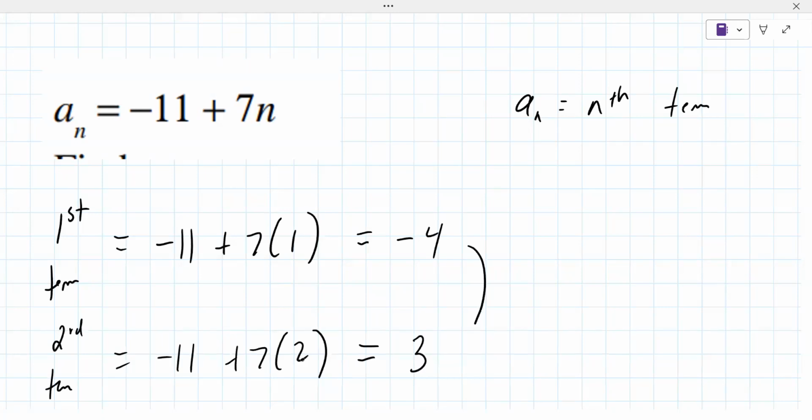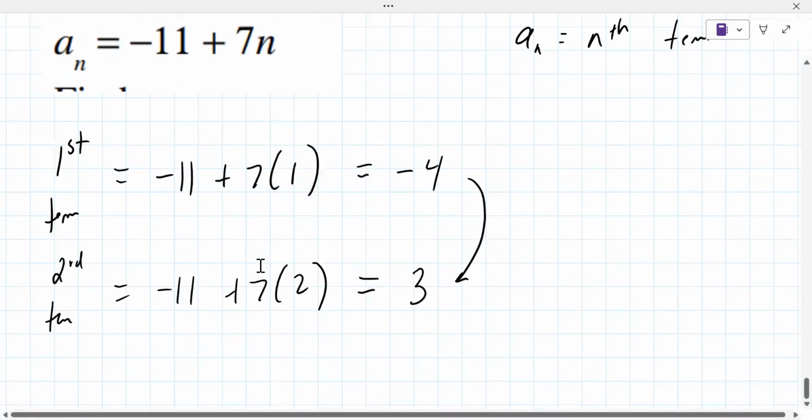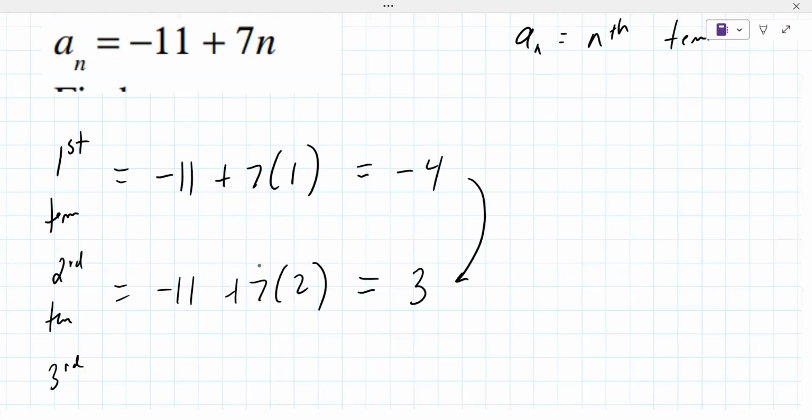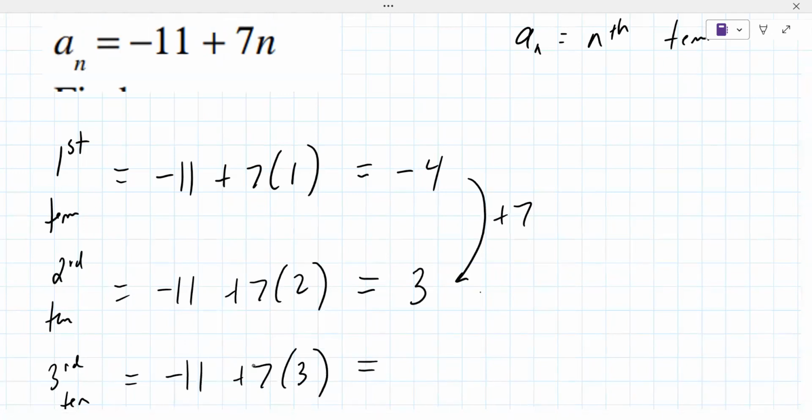Now, what's the jump from minus 7 to 3? 7. So -11 plus 7 times 3. Go ahead and work this out, but you shouldn't be surprised because it'll have the same jump as this one.